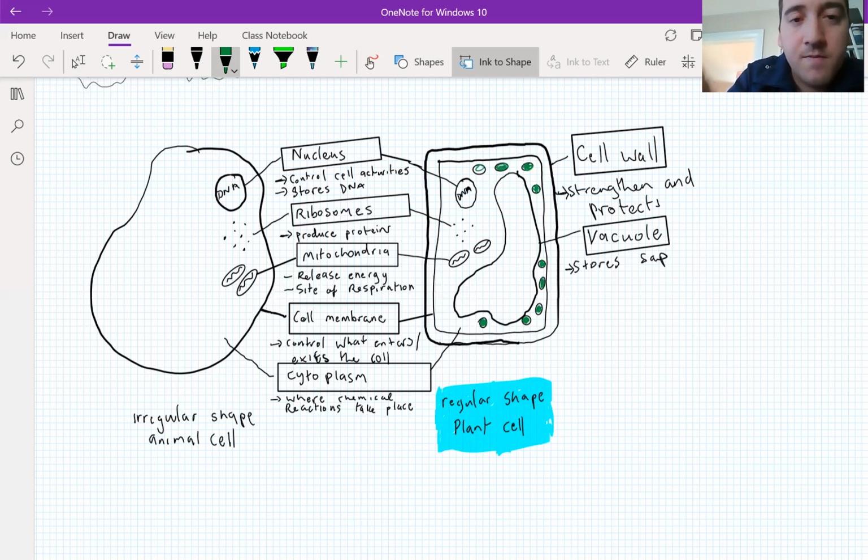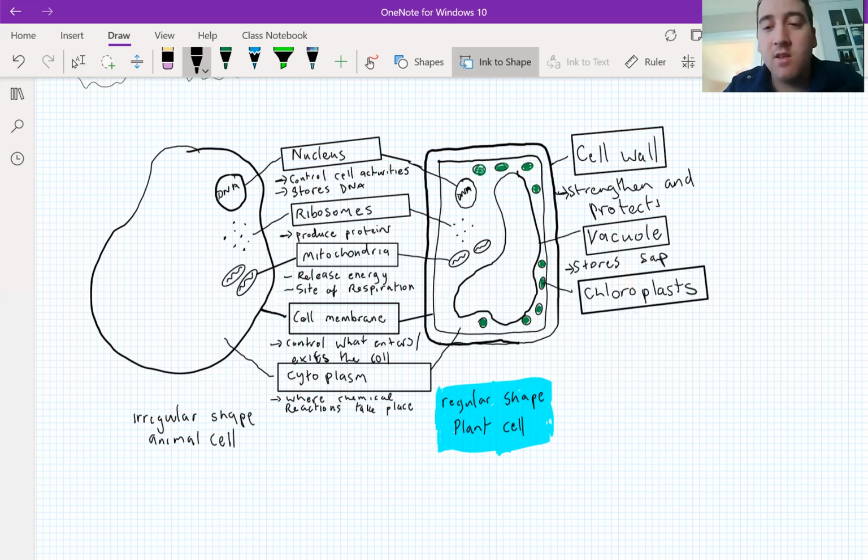These are called chloroplasts. Now that's another hard one. So what I want you to do on 3 is speak that to the screen. Chloroplast. 1, 2, 3. Chloroplasts. Okay. And their function is that they're the site of photosynthesis.